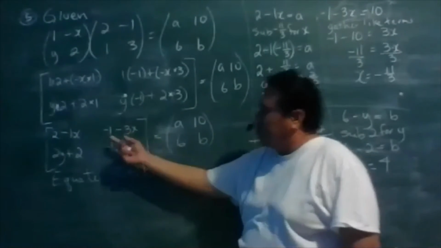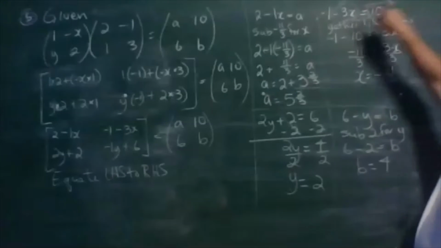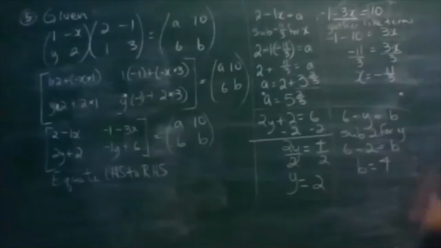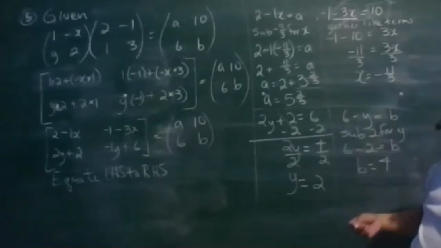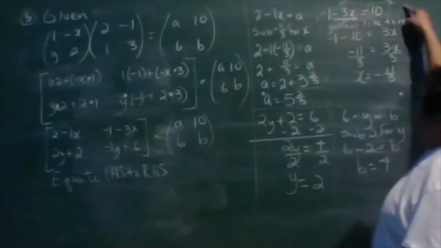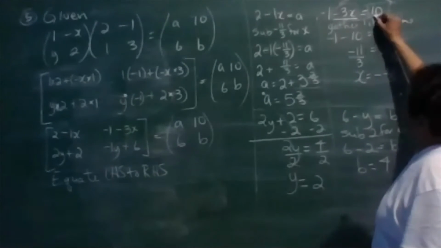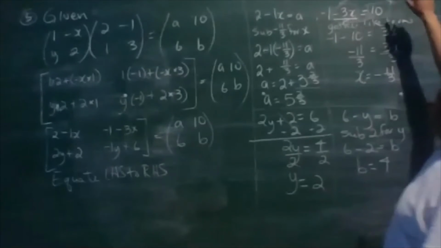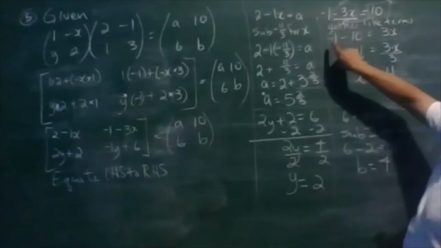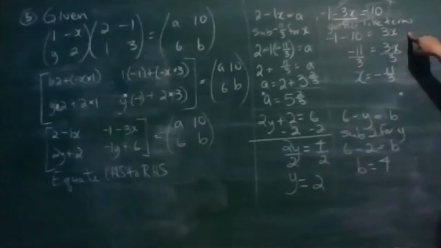So I go to the second one: negative 1 minus 3x equals 10. I gotta like terms because this should not be negative. The x should always be positive. So I take it from the left to the right, making it a positive 3x, while the 10, I bring it forward. Since the 10 was a positive, when it goes forward, it becomes a negative, giving me negative 1 minus 10 equals 3x.